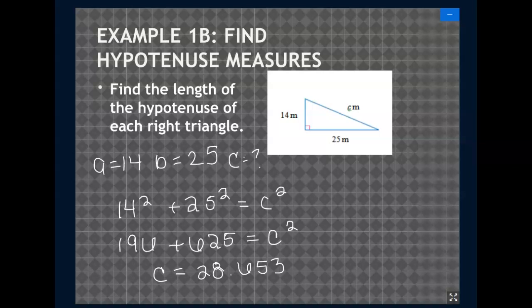I'm using 3 decimals for this school year because if you take calc or stats, that's the minimum number of decimals they want on their exam. So it is something to get into good habits and practice for. So again, length is in meters. Since you square rooted, you get 28.653 meters.